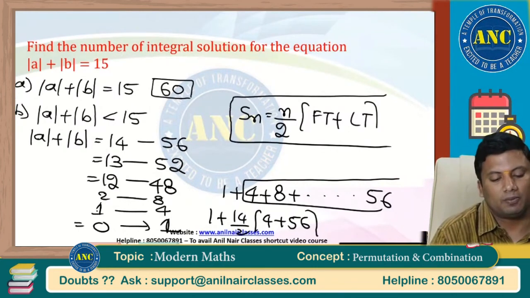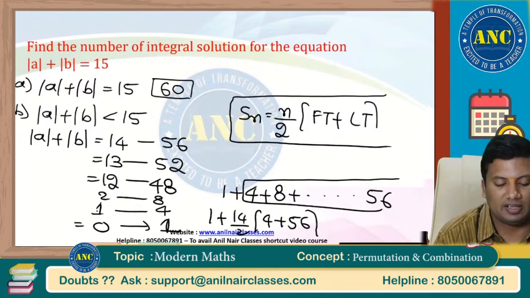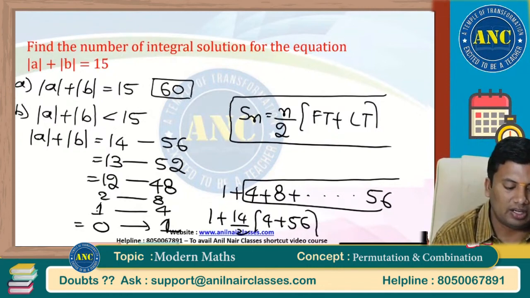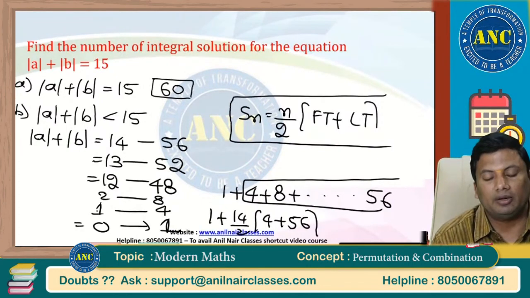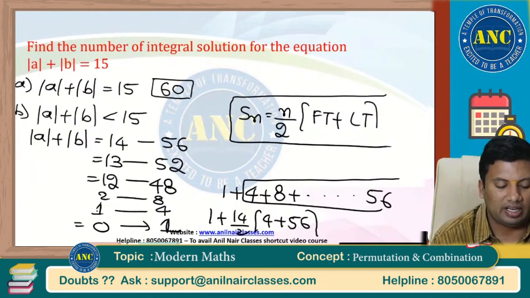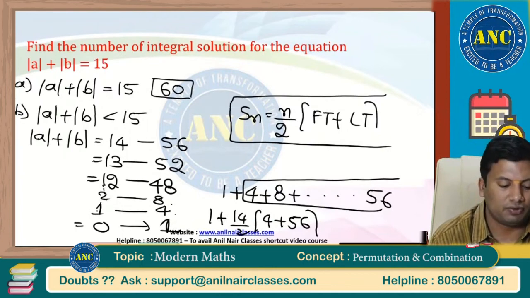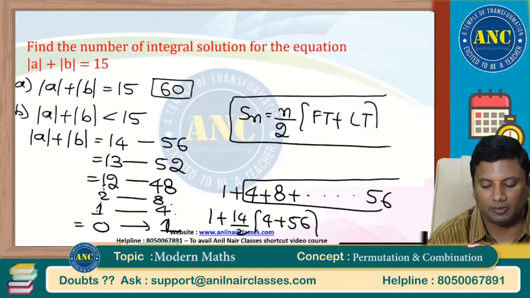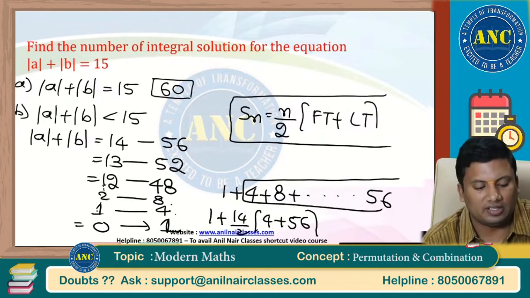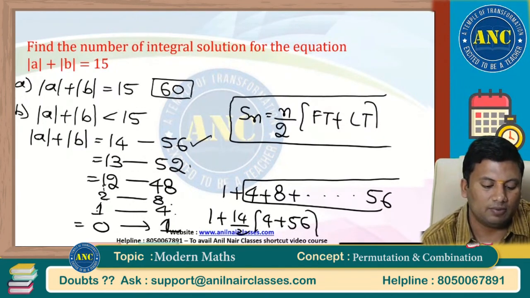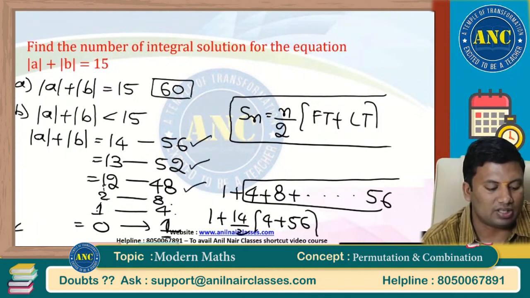|a| + |b| less than 15 is 14, 13, 12 and so on up to 0. 14 means 56, 13 is 52, 12 is 48, and so on, up to 2 meaning 8, 1 meaning 4, and 0 meaning 1, only one case. In simple language, the answer should be of the form 4k plus 1.